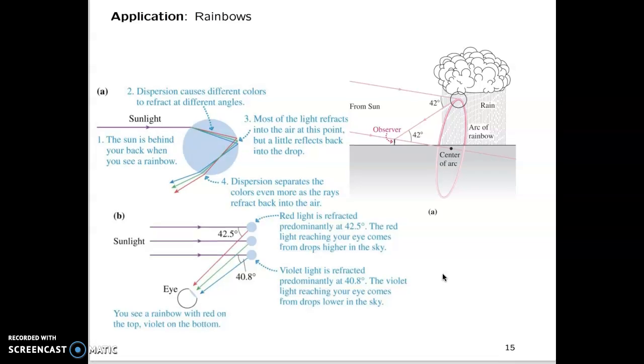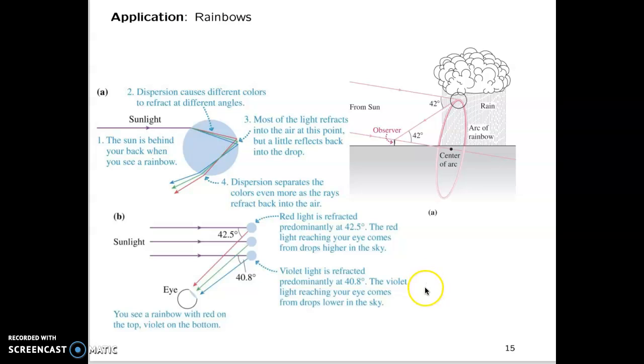So make sure you go through this and you understand it. For one thing, it's going to be on the final exam, but for another thing, I think it's really satisfying to understand something that you see in nature. Rainbows are beautiful. We all love to see them whenever they come out, and now you understand what their origin is. Okay, that is it.